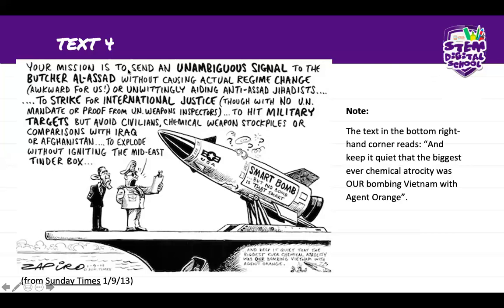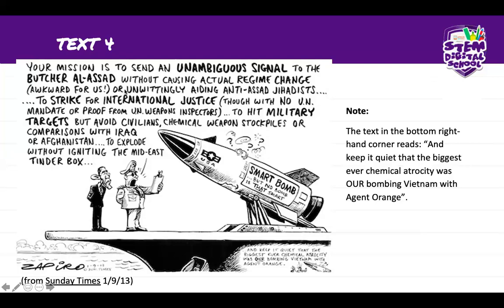Your mission is to send an unambiguous signal to the butcher al-Assad without causing actual regime change. Awkward for us, awkward for US. But can you see, again, I love the pun there.